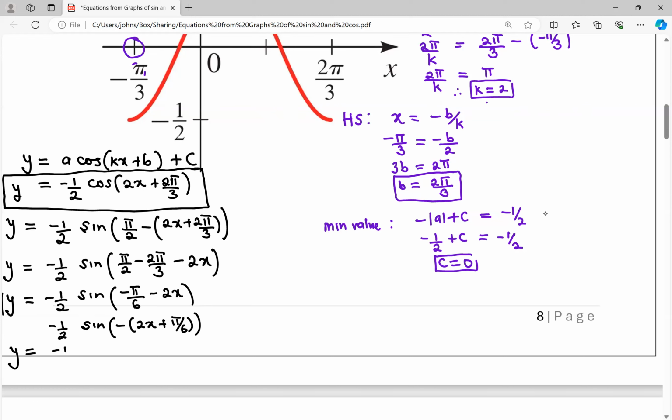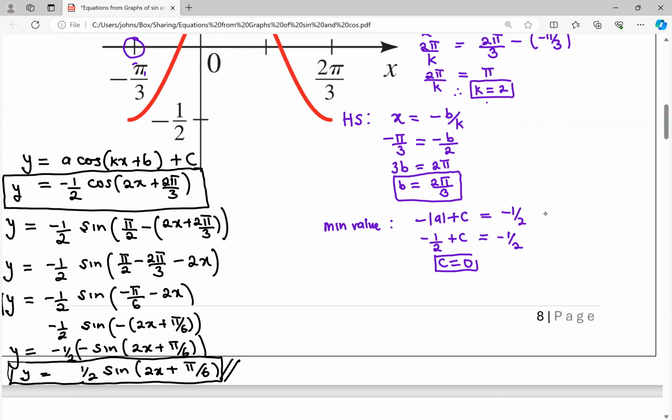So this becomes minus half, then here will become minus sine. Let's do it like this first. One step. So this is 2x plus pi over 6. And then this minus will cancel this minus. So we just have 1 over 2 sine 2x plus pi over 6. So this is the equation for sine. All right, so these two are the same.